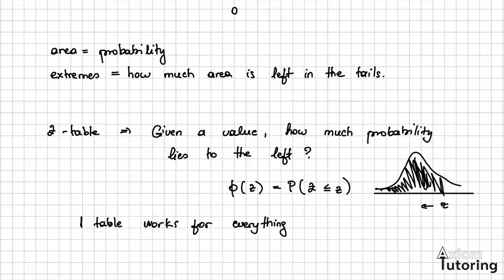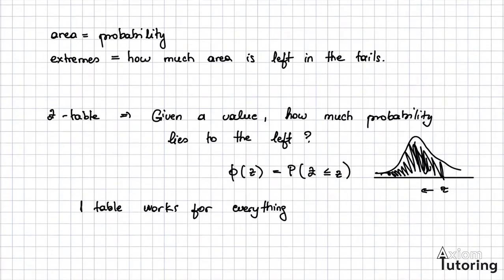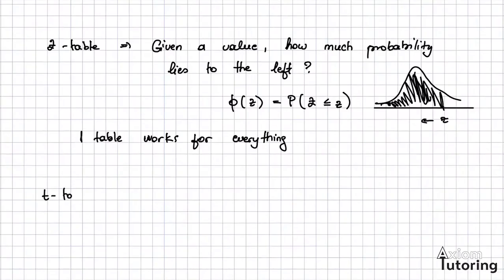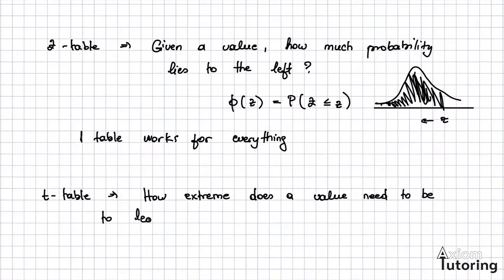Now, what is the t-table then organized to answer? So the t-table instead asks a different question, still related, okay? How extreme does a value need to be to leave a given amount of probability in the tails?